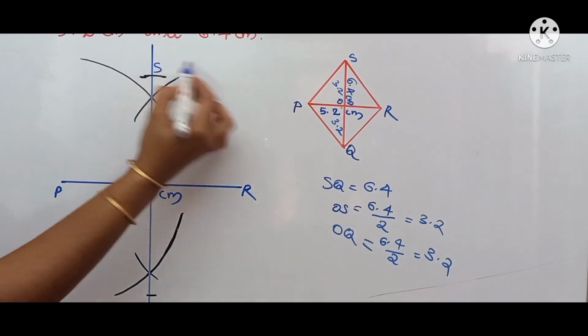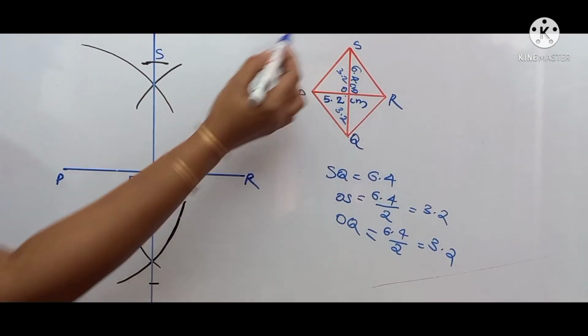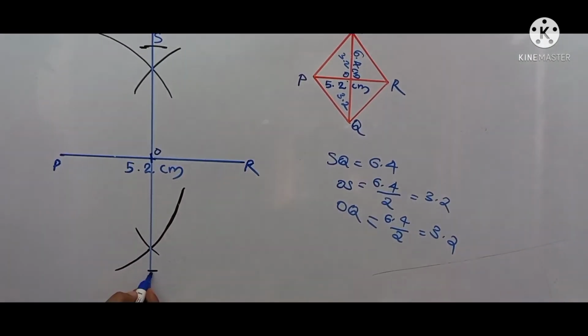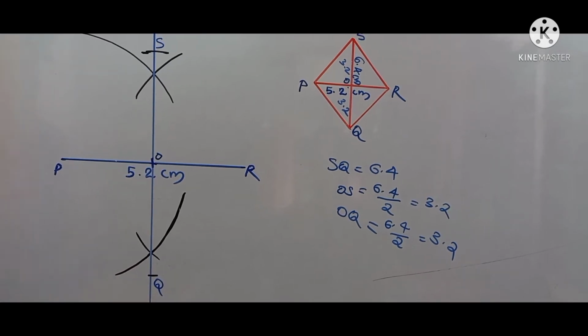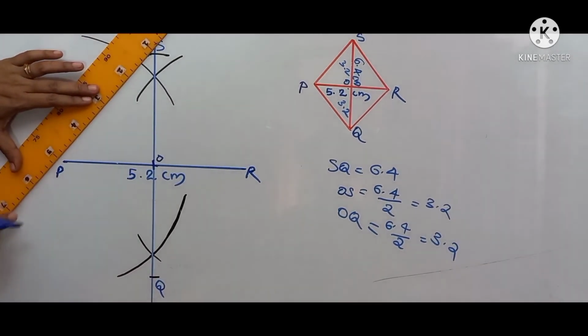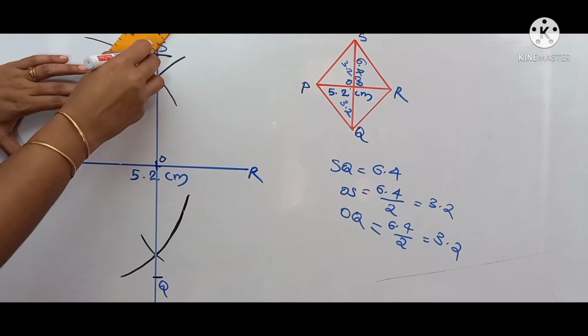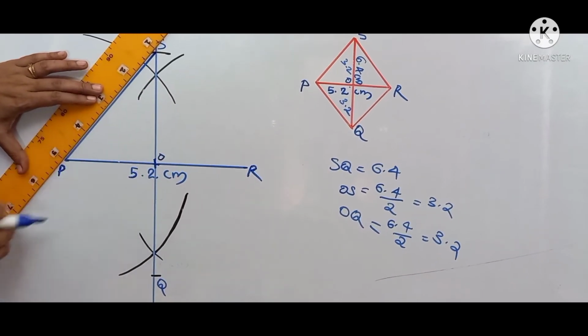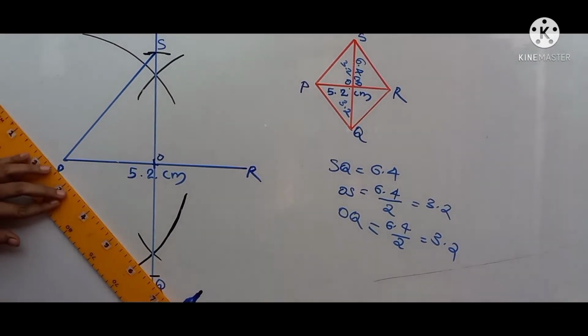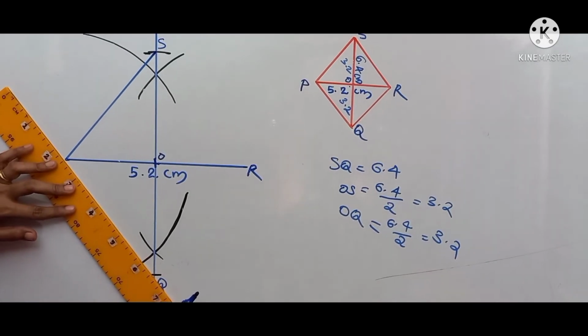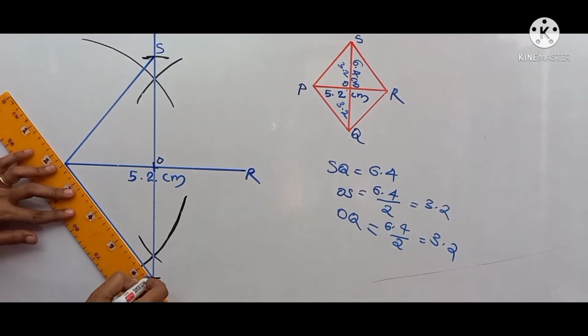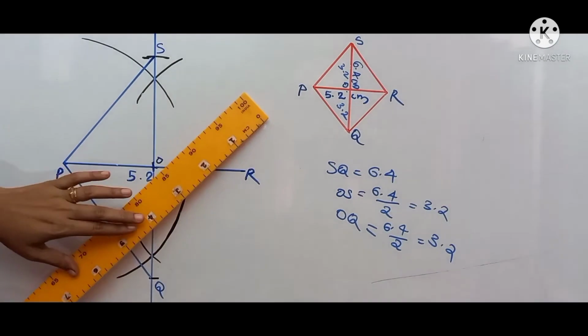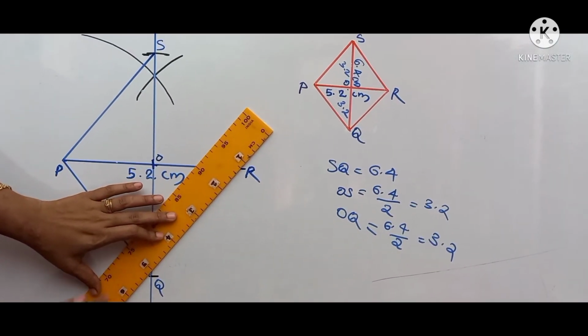This is the point S. P, R, here it is S, and this is the point Q. Then join the points P, S first, and P, Q by using a ruler. Join P, Q, and R, Q we have to join then.